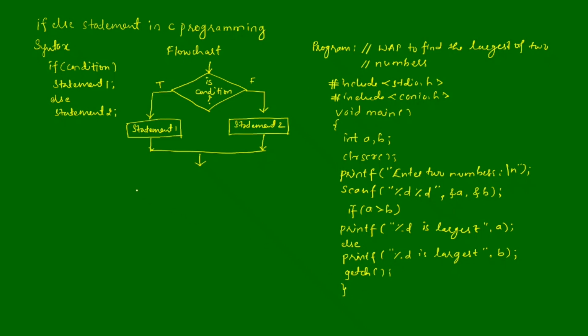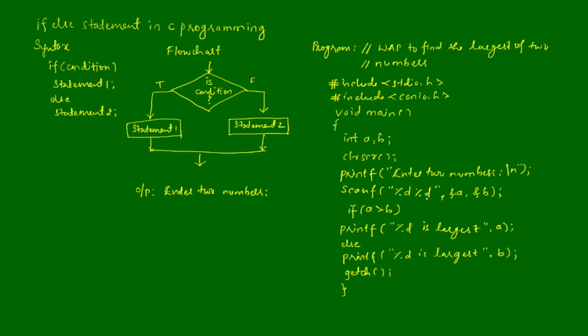Let us take an example. When we compile and run this program, it will ask the user to enter two numbers. Here I'm going to write enter two numbers. Because of this backslash n, which is one of the escape sequences called new line, it forces the cursor to go down to the next line.